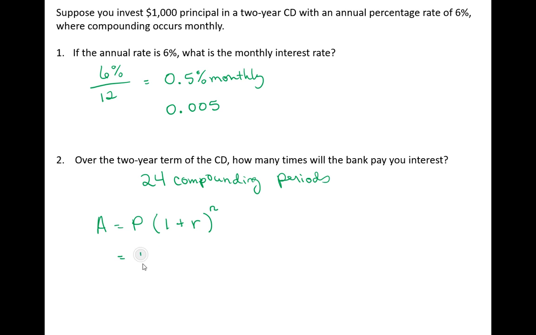So this would be $1,000 invested, 1 plus 0.005, so a much smaller amount because it's every month, but we're going to do it 24 times in a 2-year period.